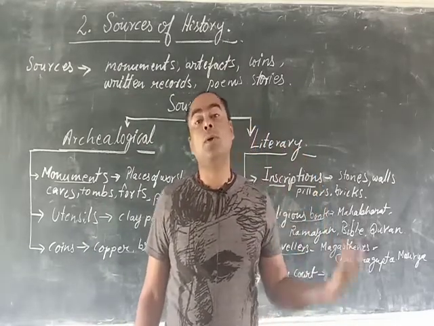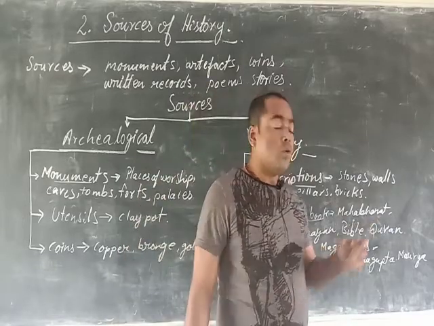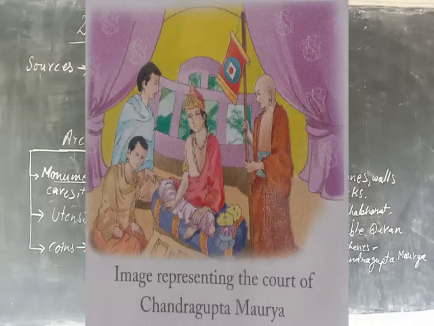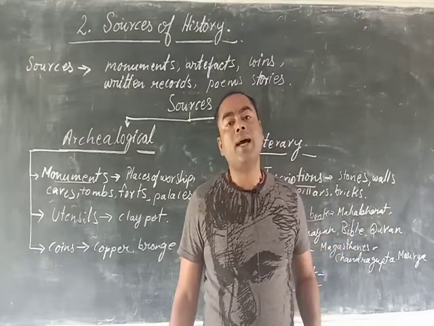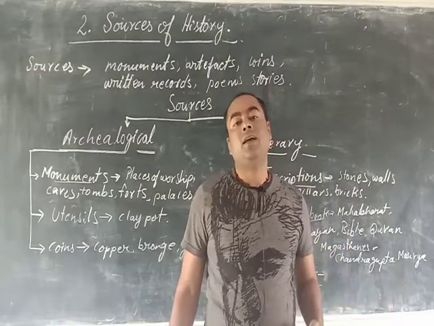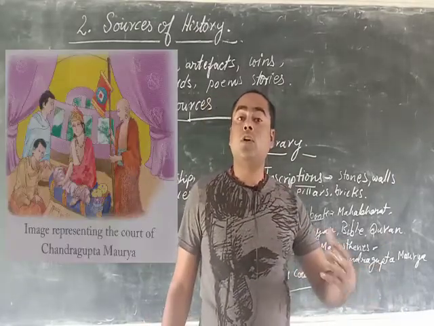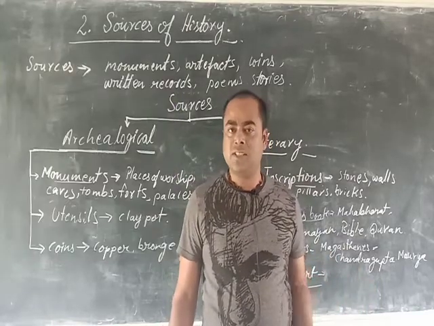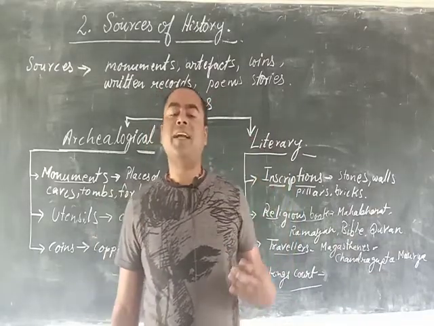One explorer was Megasthenes, the ambassador at the Mauryan empire, that is, of Chandragupta Maurya. He reached the court of Chandragupta Maurya and wrote about him. Till today we know about Chandragupta through Megasthenes. So this gives us knowledge about the people of that era.